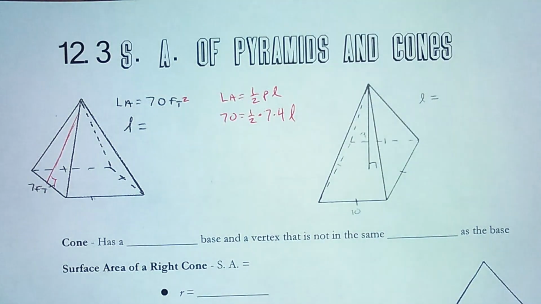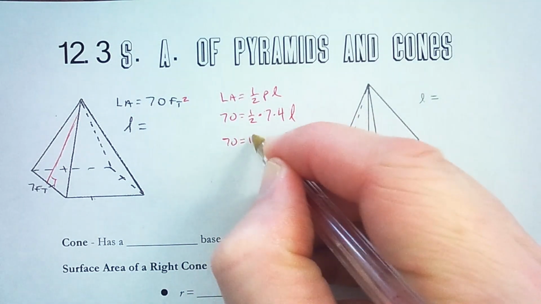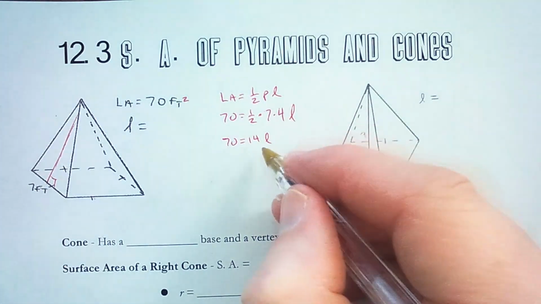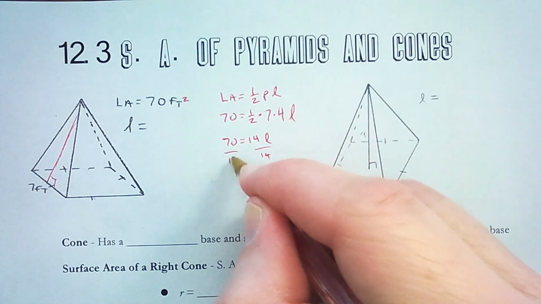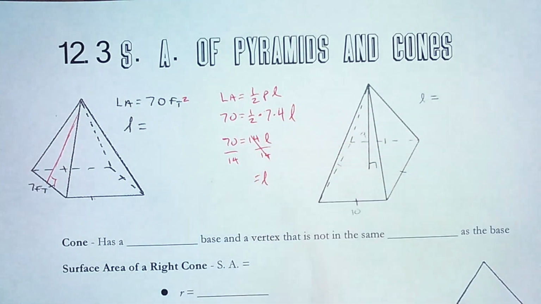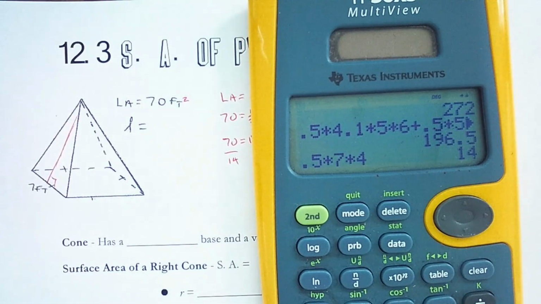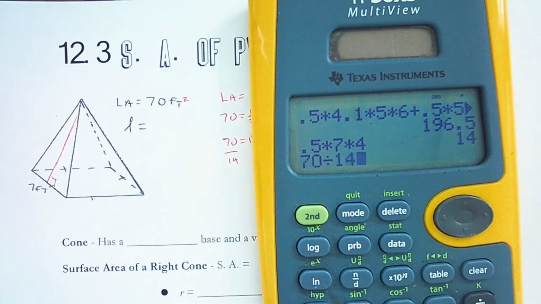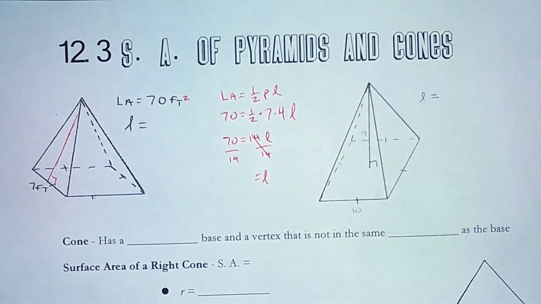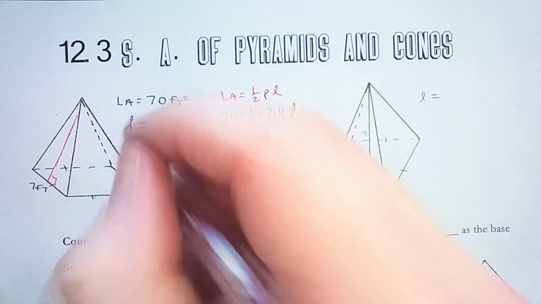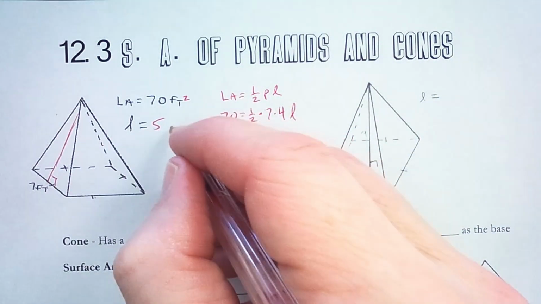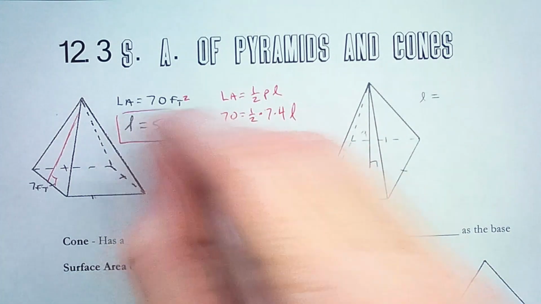That is 14. So 70 equals 14 times the slant height. And we can divide by 14. So 70 divided by 14 is 5. So the slant height is 5, and the units are feet.